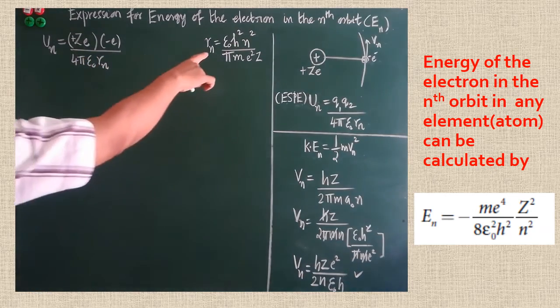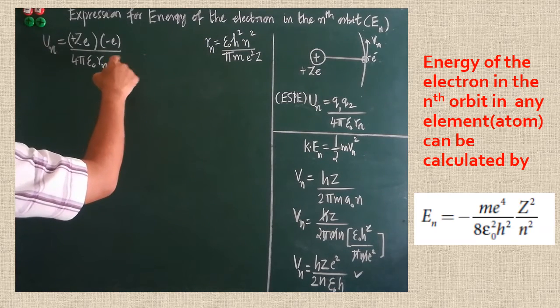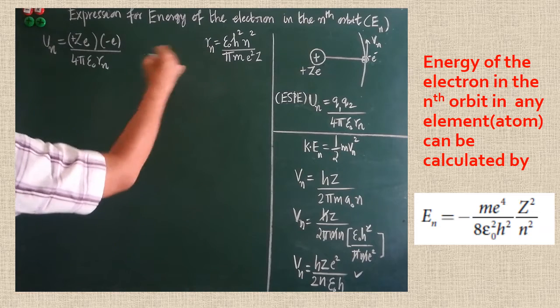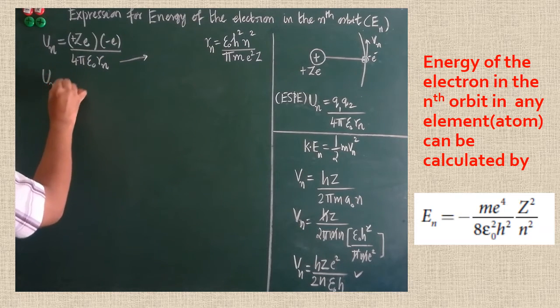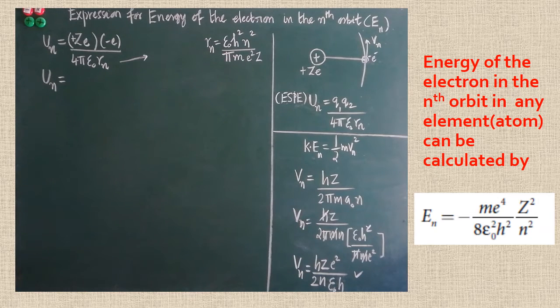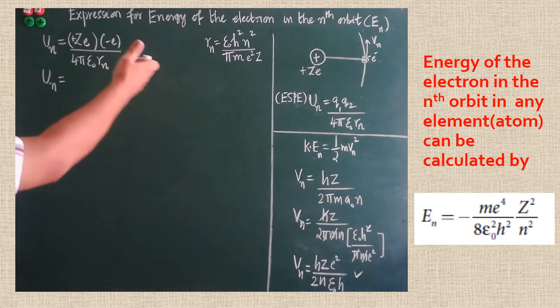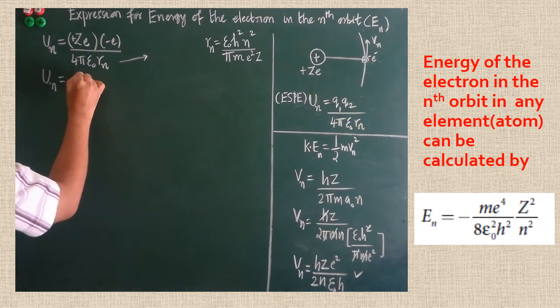We have already derived the expression for the radius of the nth orbit. This Rn is to be replaced by that expression. Since the steps are lengthy, I want to reduce them. After substituting, you will get the new expression. The expression will be like this.